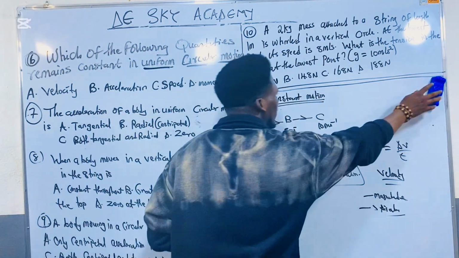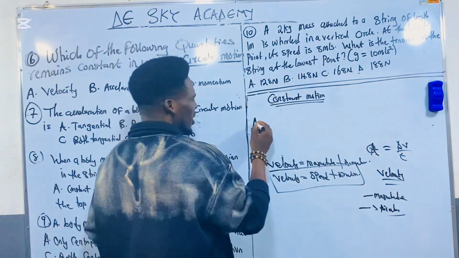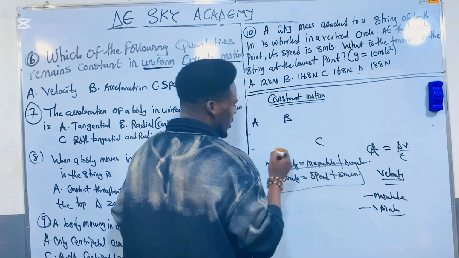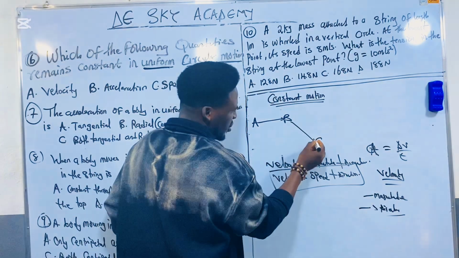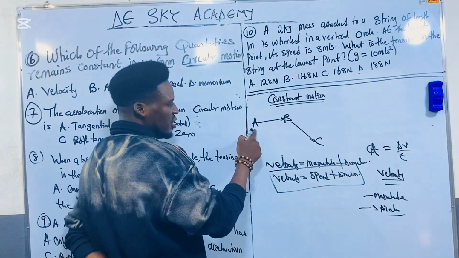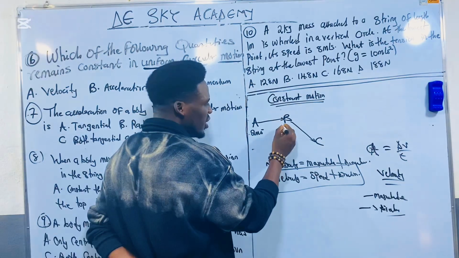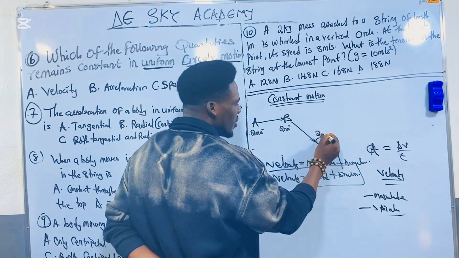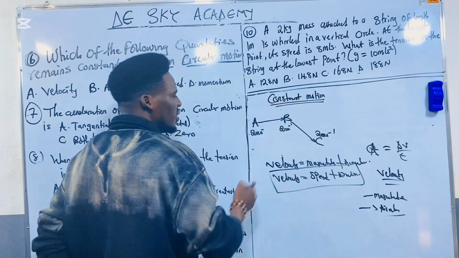Okay, for example, let's say the same thing here, that the body is moving from point A to point B and from point B to point C. So this body moved from point A to point B and from point B to point C. And let me say the magnitude at point A is 2 meters per second. At point B is 2 meters per second. At point C is 2 meters per second.